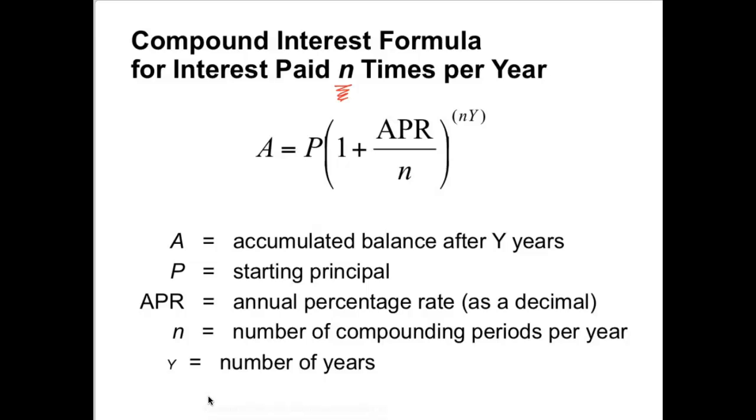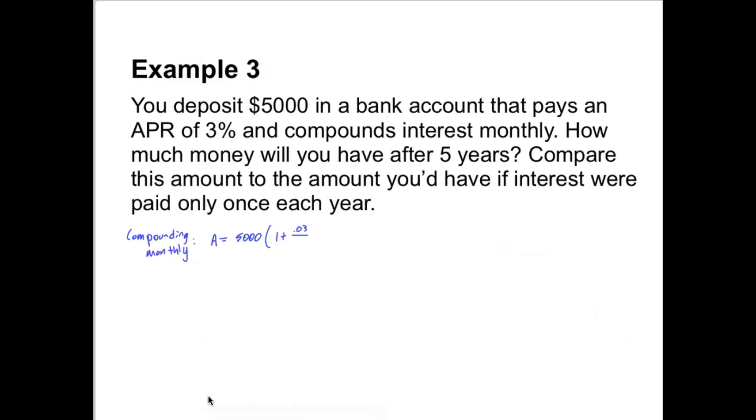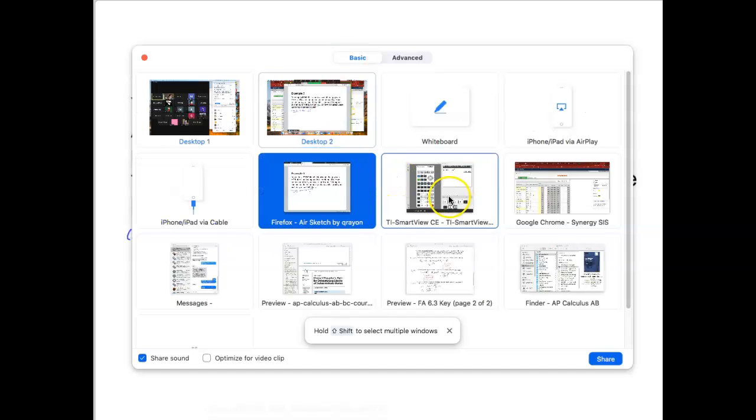There we go, 12, exactly. So n is 12. And we're going to do to the power of n times y, so 12 times the number of years that we're going to have it in the account, so that's 5. Right? So easy enough. This just goes into our calculator.